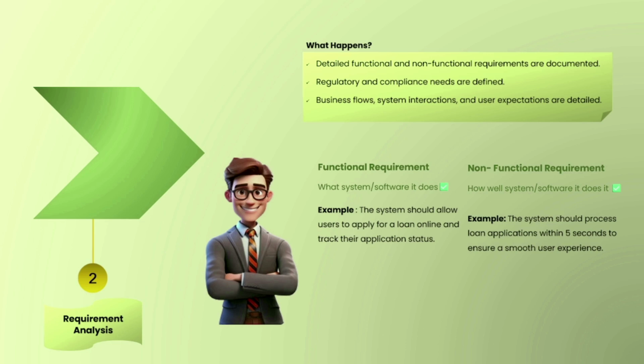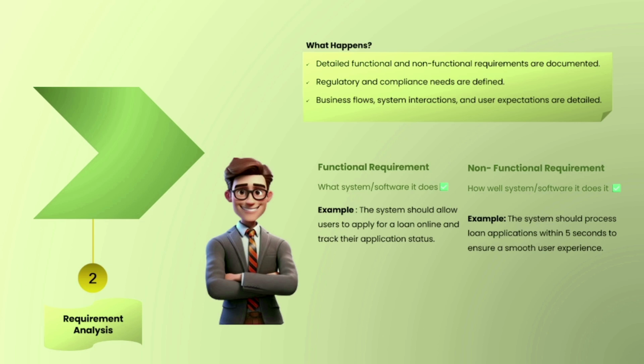Let's see the example. The system should process a loan application within 5 seconds to ensure a smooth user experience. Functional requirement: what to do, and non-functional requirement: how well it does. So this is the basic difference between functional and non-functional requirements.